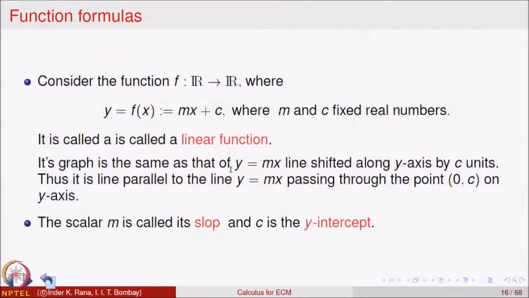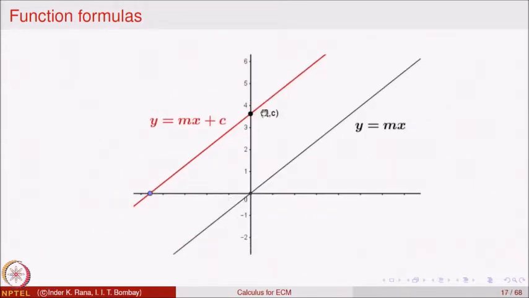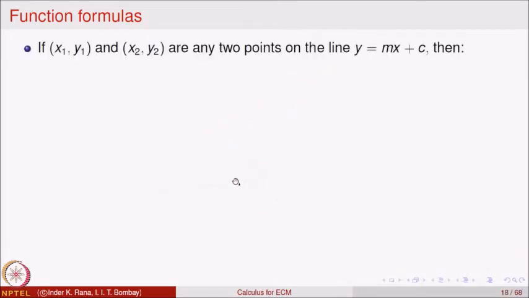One can also see geometrically that there is one and only one line passing through 2 points in the plane. We can utilize that fact. Let us take (x1, y1) and (x2, y2) as 2 points on the line y equal to mx plus c.